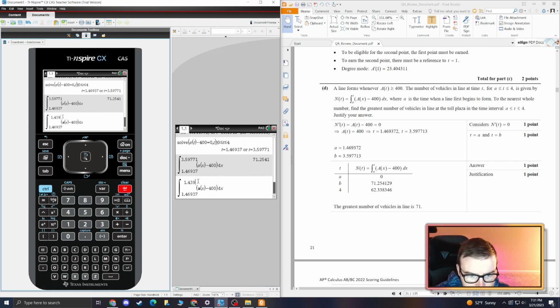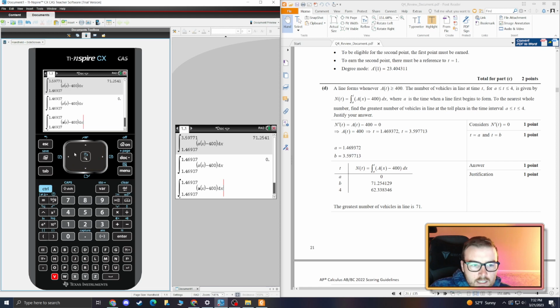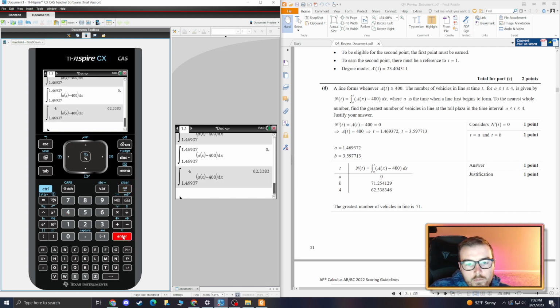That's just going to give us, I hope you know the answer, 0. You don't need the calculator for that one. I'm simply highlighting this and doing Control C, then arrowing down and doing Control V and pasting it. Then I'm changing the top bound to whatever I want it to be. The end of the interval is 4. Press enter, and there's that 62.3383.